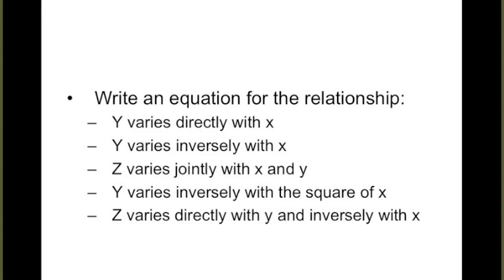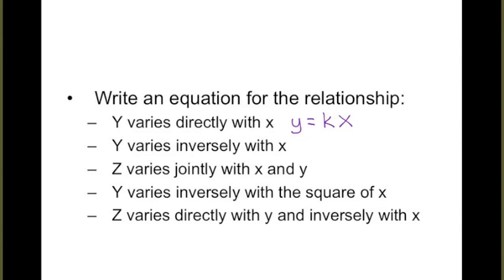So we're going to start by writing equations, turning these words into symbols, okay? We'll start with whatever letter it gives us first, so y. When you see the word varies, that's going to be equals. Then we're going to look at the type of variation it is. Remember, direct is a multiplication, inverse is a division, and joint means we've got more than one letter being multiplied in there. So this one says directly, so that's a multiplication with k and then whatever letter it tells us, x.